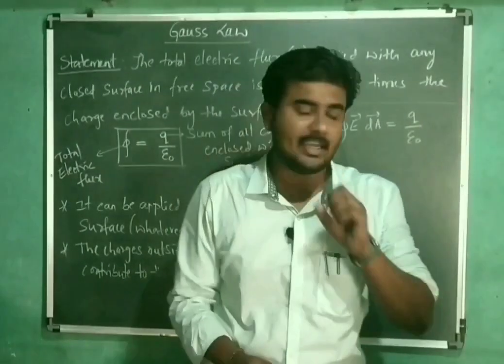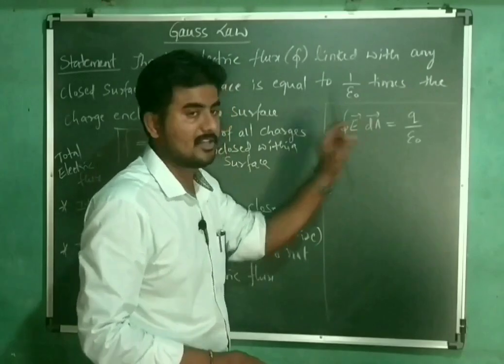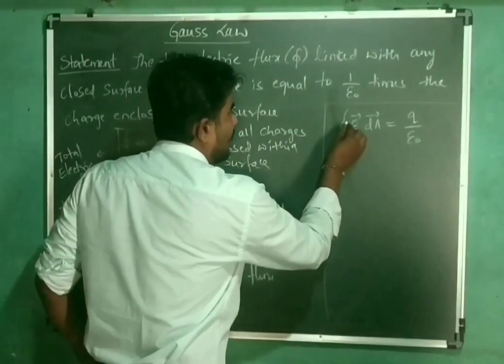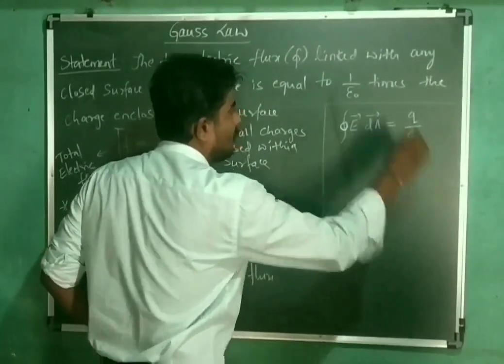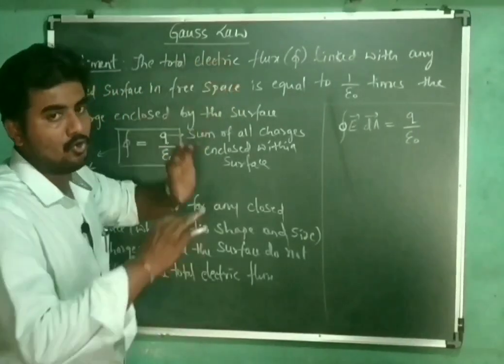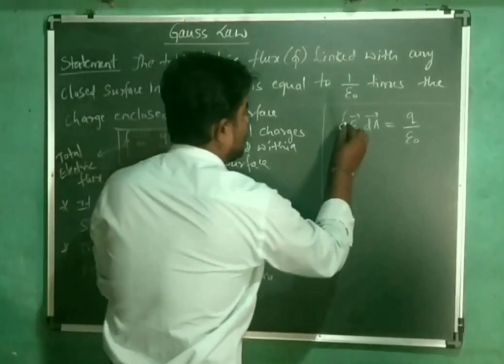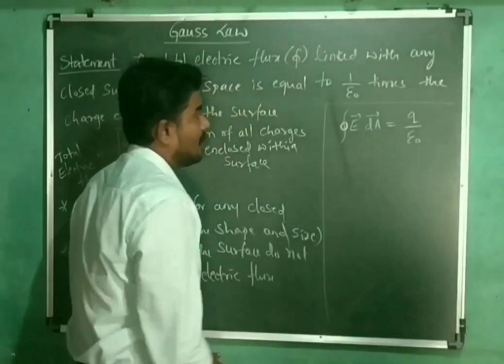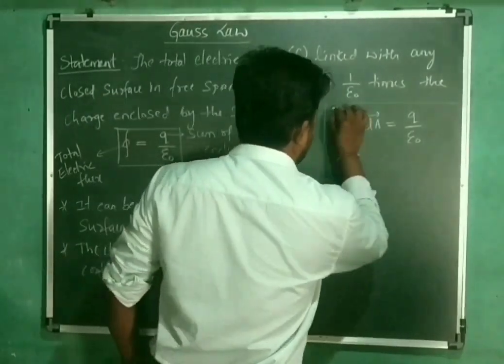E into dA is flux, the flux formula. And here I have taken closed integral. It is not line integral. Closed integral I have considered because this Gauss law we are applying for closed surfaces. This is the formula.